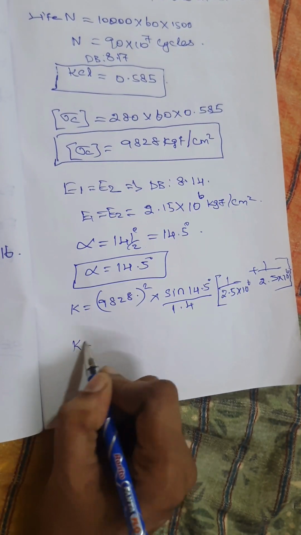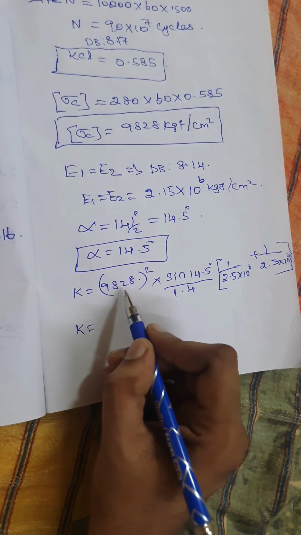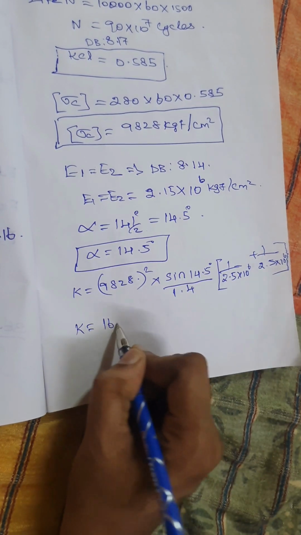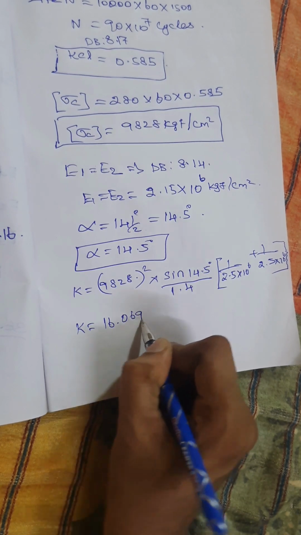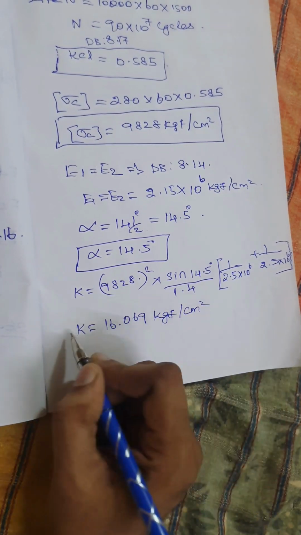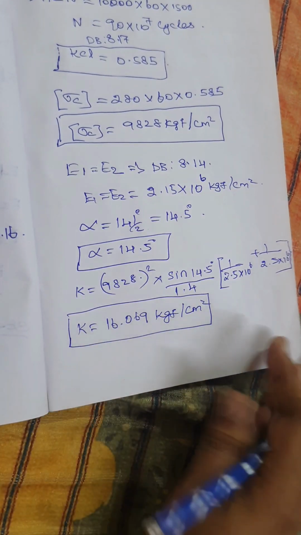So now if we put these values in the calculator, we can find the K value, which is 16.069 kgf per centimeter square. Now we found the value of K.